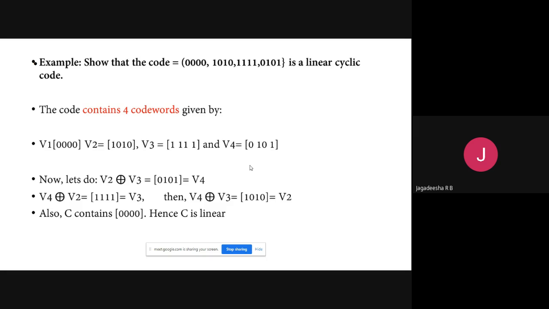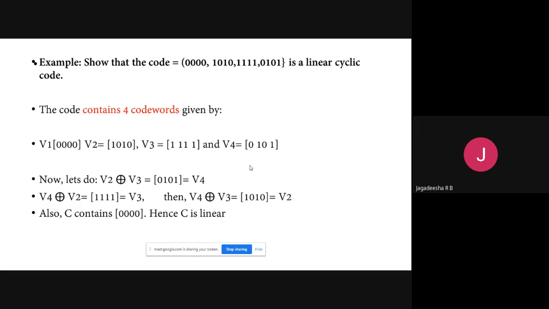Next, V4 and V3. What do we get when we add V4 and V3? We get 1010, by bit by bit XOR operation. So where is 1010? 1010 is same as V2.